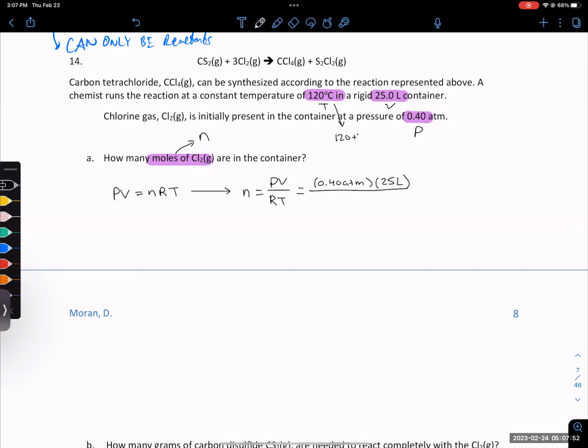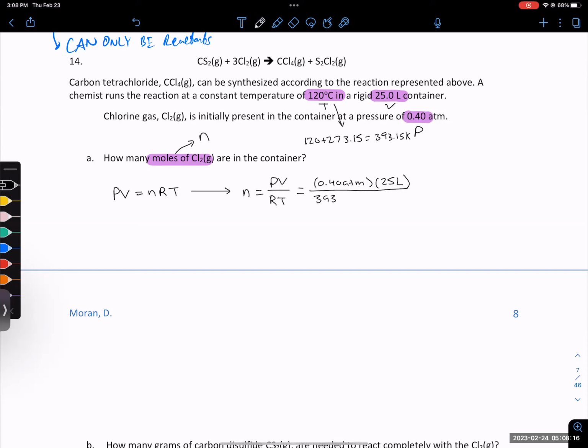So 120 plus 273. If you have a calculator, you can solve it. You should get 393.15 Kelvin. All right, let's plug that into here.